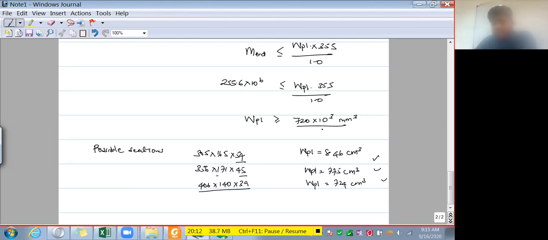Since we require something that satisfies 720 centimeter cube, we can take 724 centimeter cube. Therefore, we select the lightest of three, that is 406 into 140 into 39 UB.